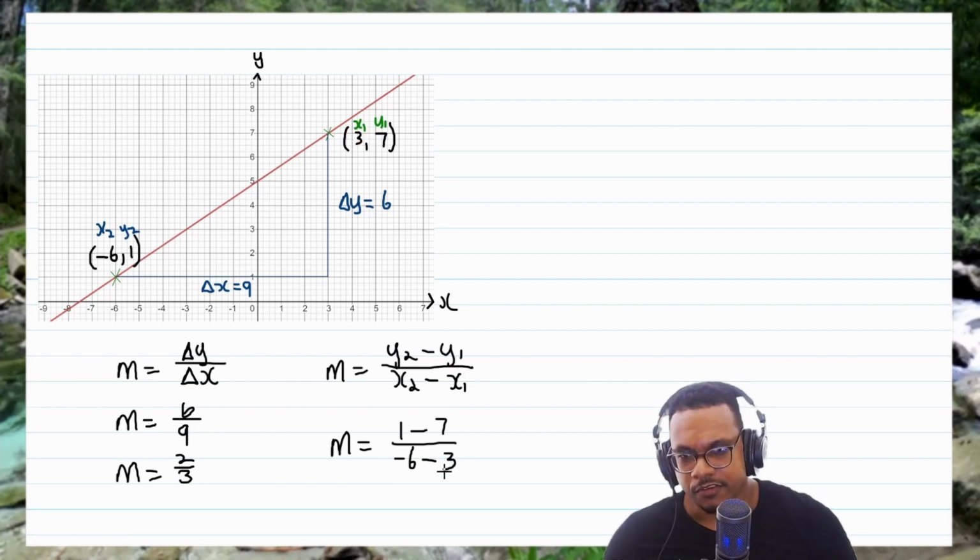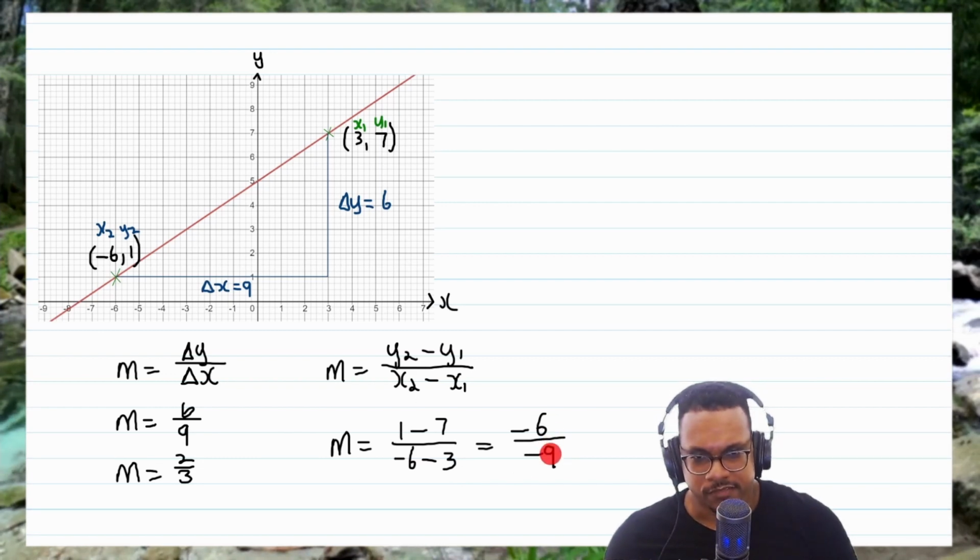Now 1 take away 7 will give you -6, and -6 take away 3 will give you -9. So this will be equal to -6 divided by -9. And here we are dividing two negative numbers, so our answer will be positive, and this will break down to +2/3.